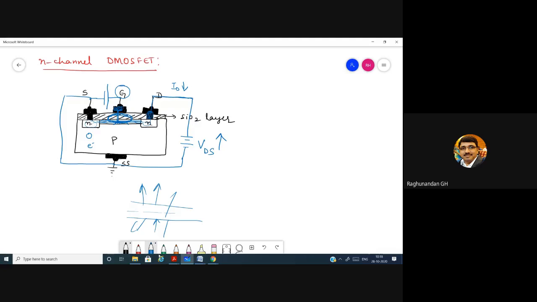This is a P layer, so obviously it should have minority charge carriers as electrons. So when a positive voltage is applied to this gate, it is going to create a positive electric field. When the positive electric field is created, what will happen to the electrons present in this P layer?